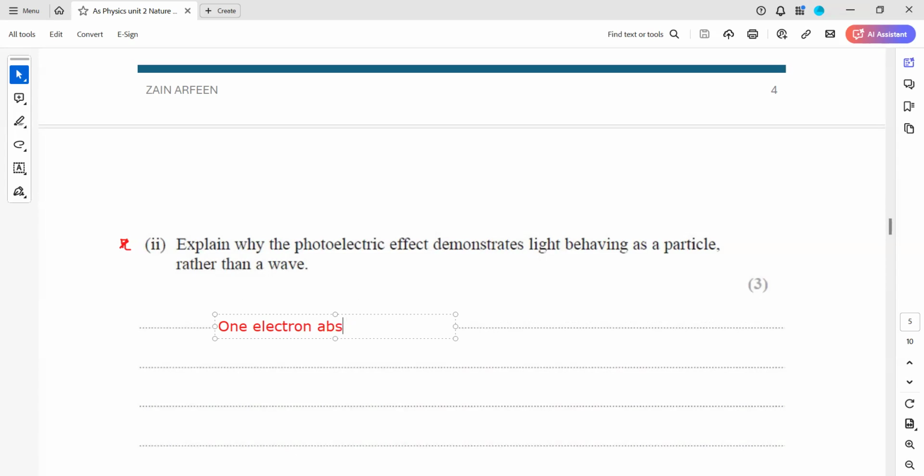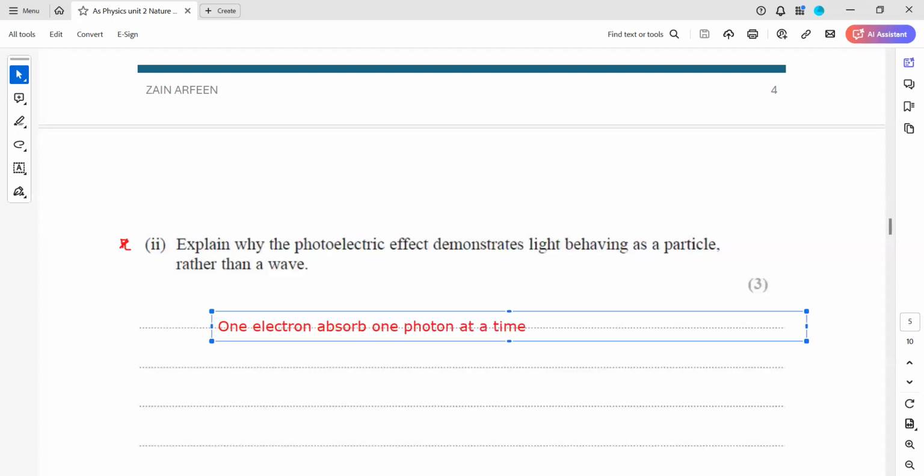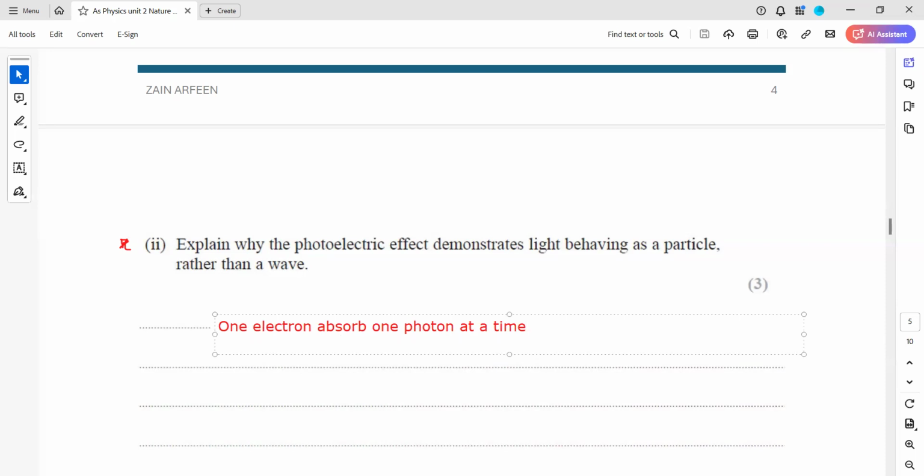Absorbs one photon at a time. And there is a minimum possible energy we need to remove an electron according to particle nature.